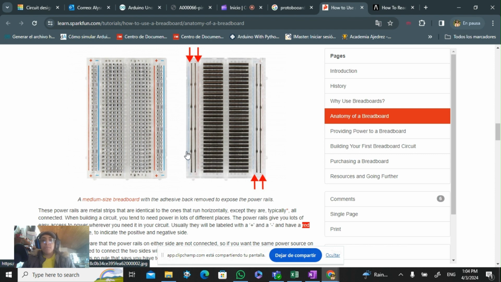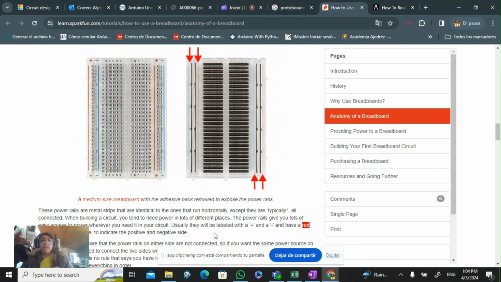If you have the complete bar, that means that in all this space you will have all the energy, right? So if you put the components together in this section, with these holes, that means all these circuits will be together in series.